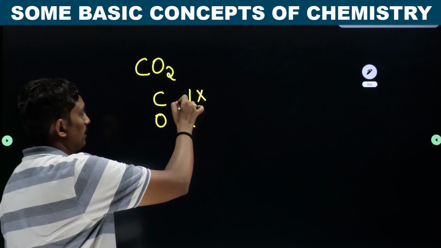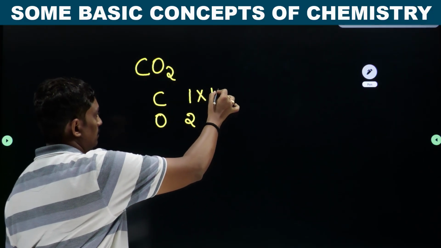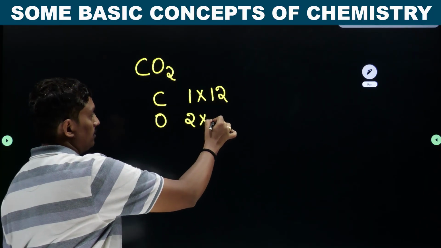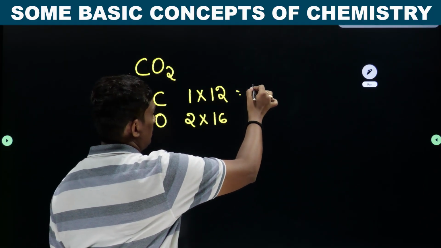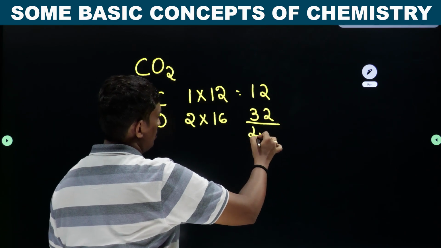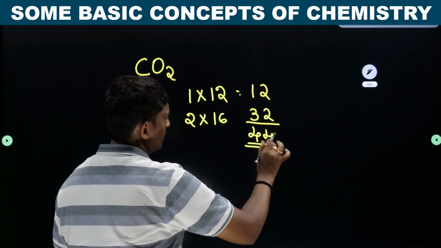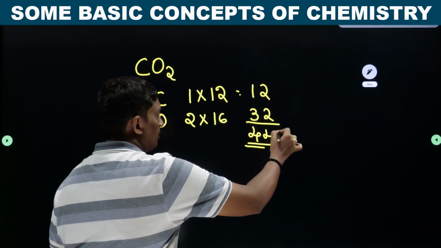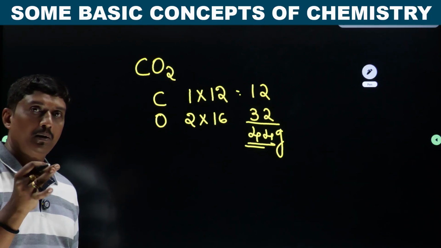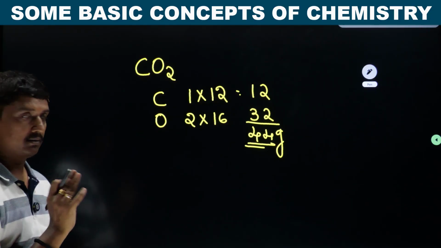What is the atomic mass of carbon? That is 12. What is the atomic mass of oxygen? 16. That is 12 plus 32, which is equal to 44. 44 is a mere number. So if I write grams, it is the gram molecular mass of carbon dioxide.